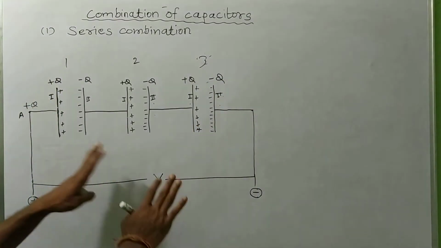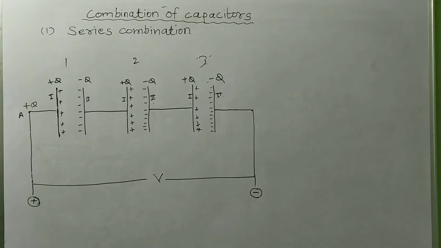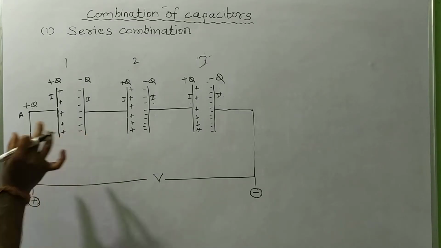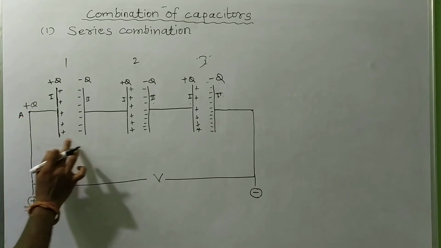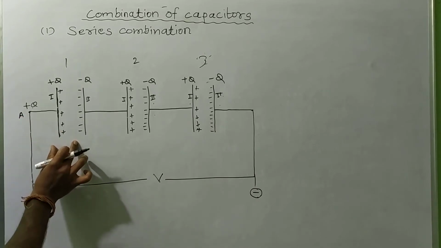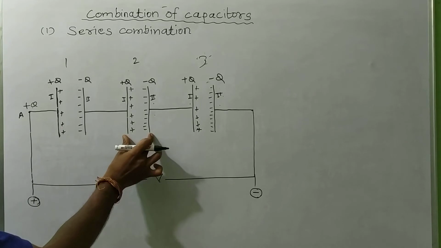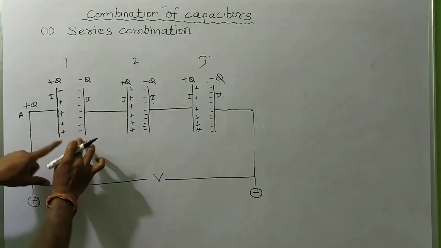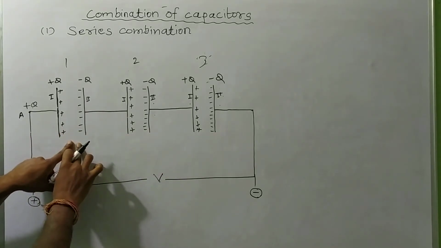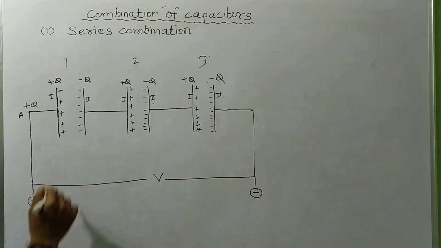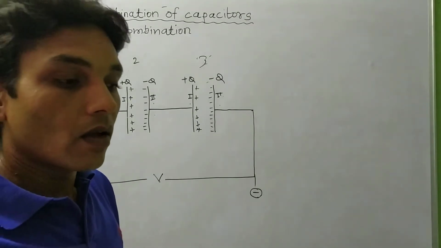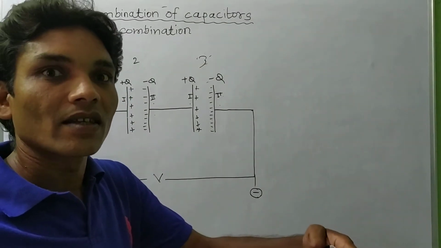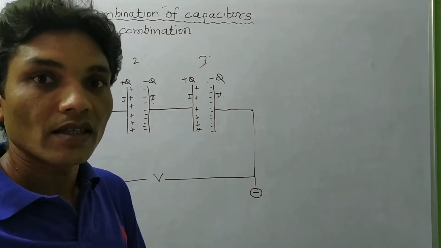Okay, so this is the diagram. Now, because the distance of this capacitor from this point is less, and the distance of this capacitor from this point is more than the distance of this one, that's why, on increasing the distance, potential decreases.